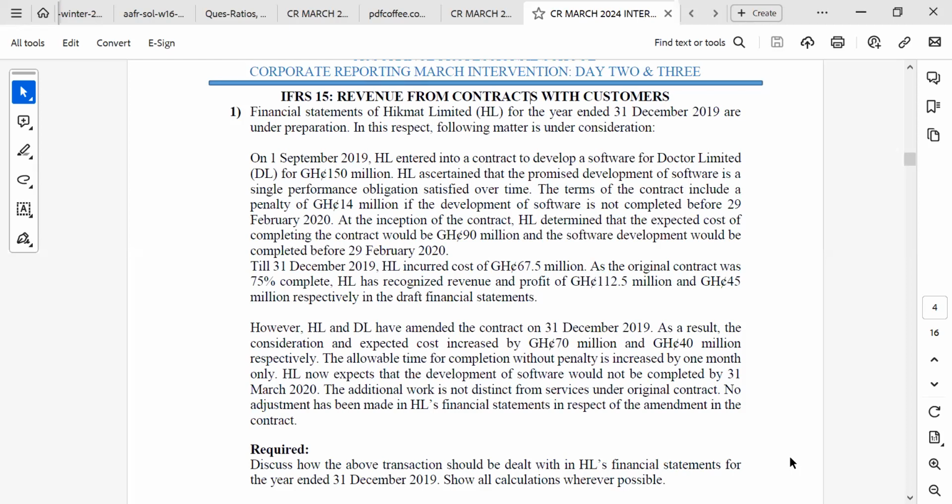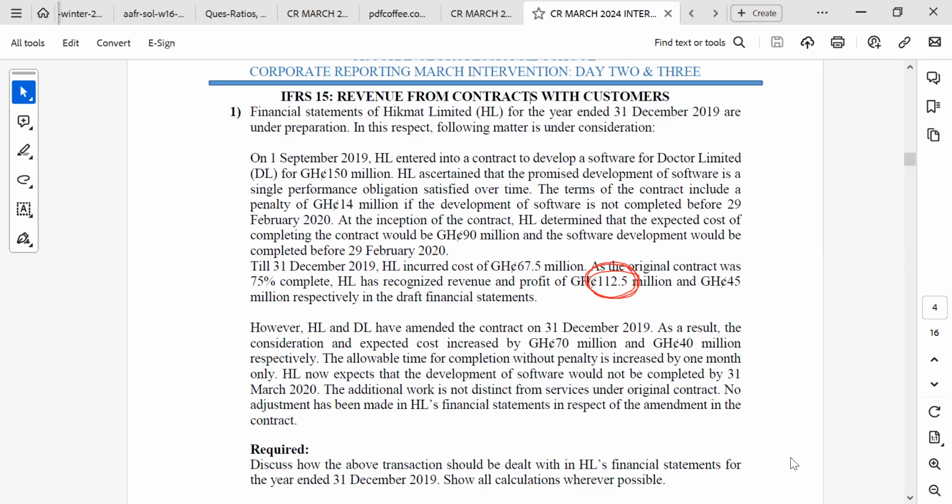No. So they will be having a contract asset, because they are going to be billing the people the 112.5. The cost that we incurred on the contract is 67.5, and the profit on it is 45 million. So if we are selling to you, it will be 112.5. They will have a contract asset on it.